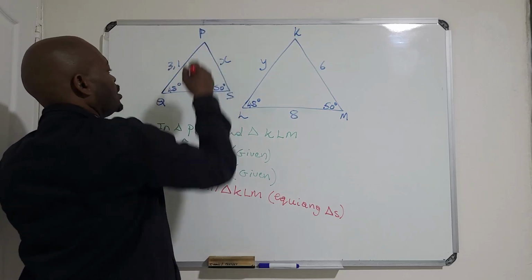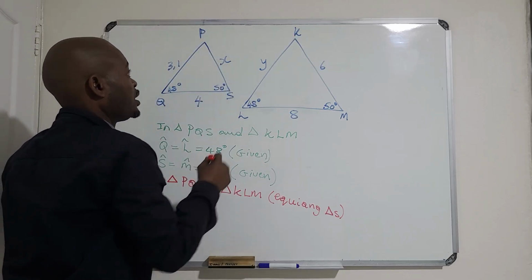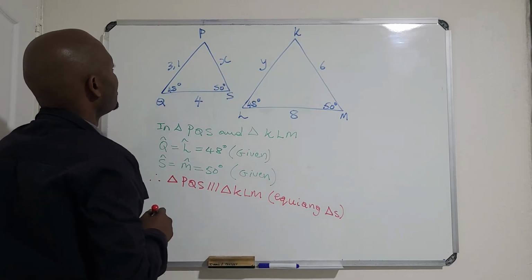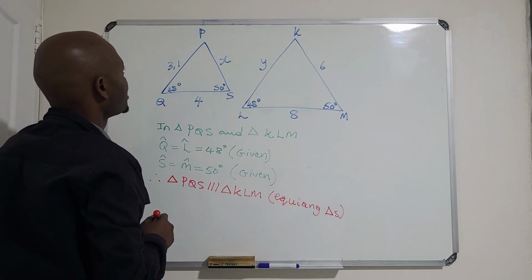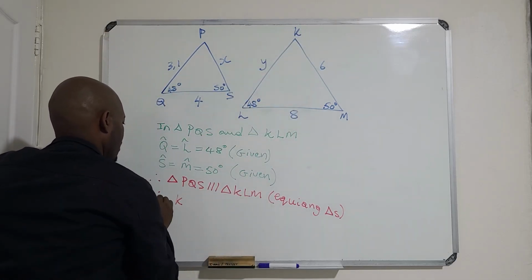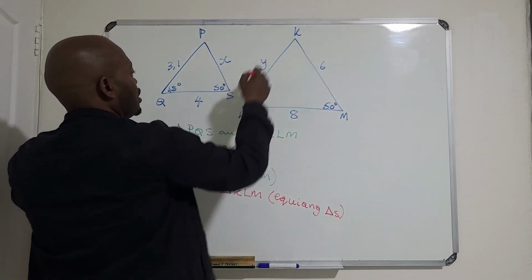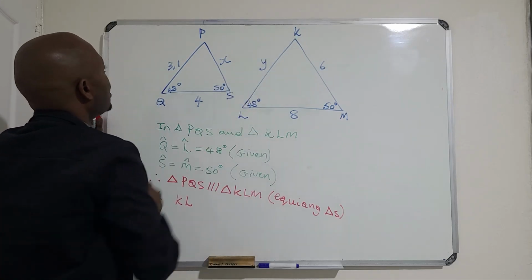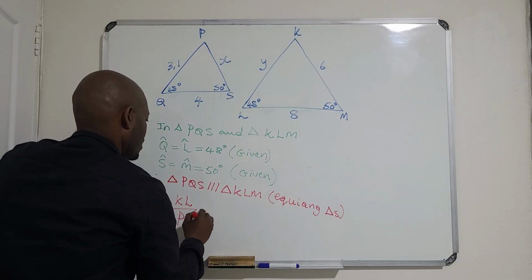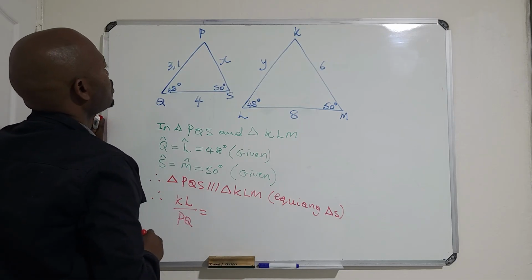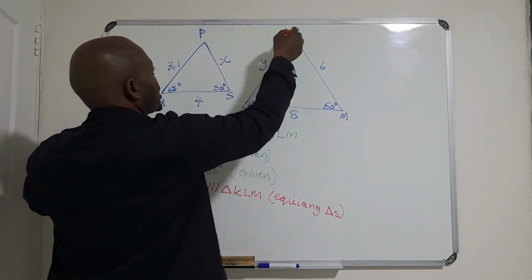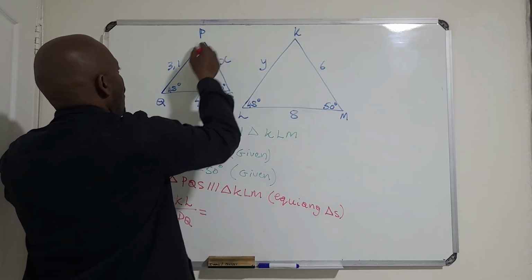Since this triangle is similar to this triangle, since they're equiangular, then we can say KL over PQ is equal to, obviously we are looking for y in this case, that is why we say this over that.